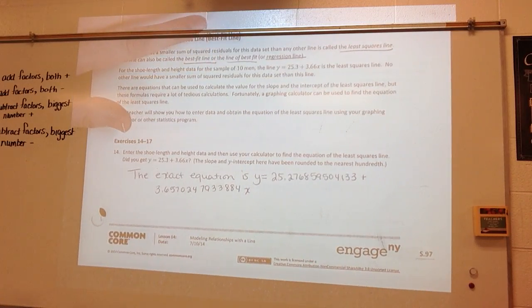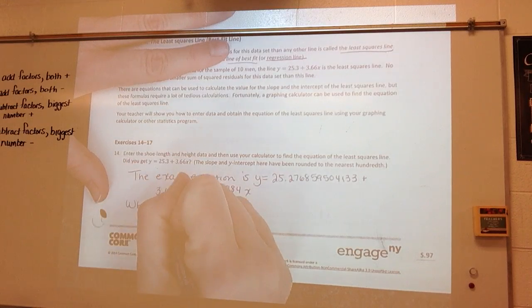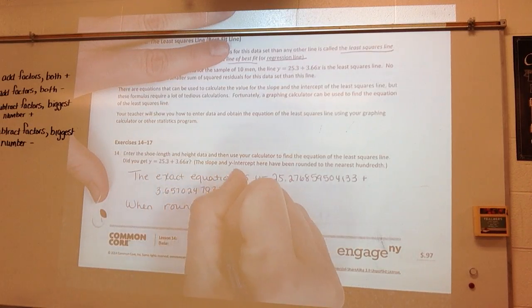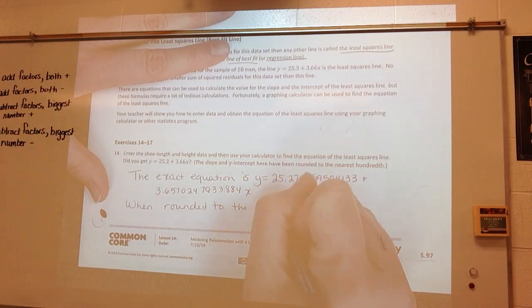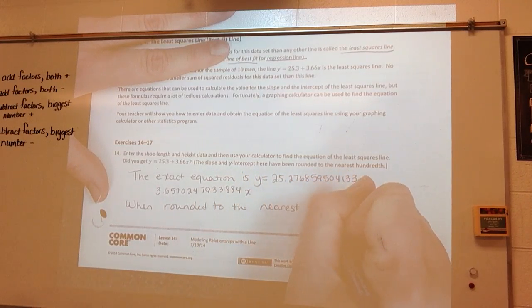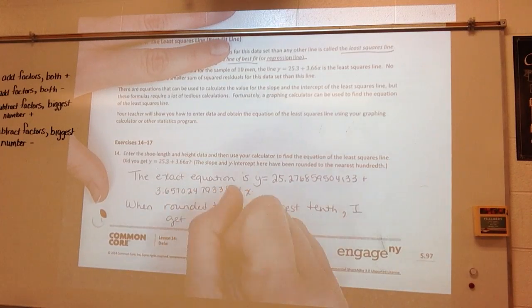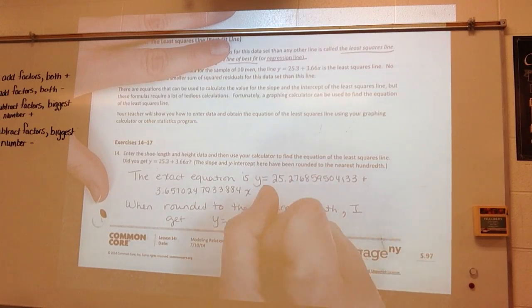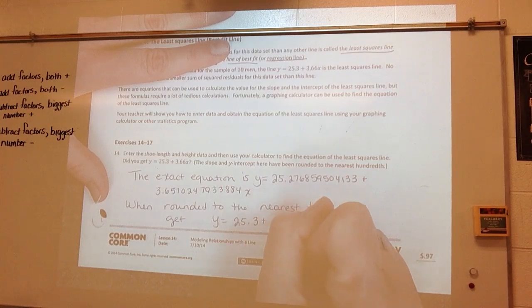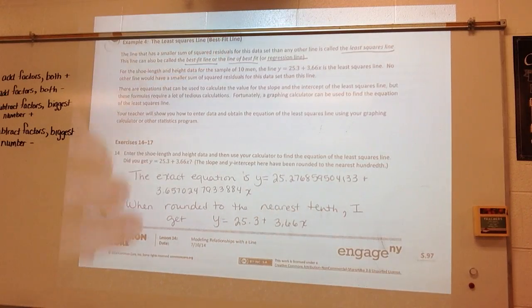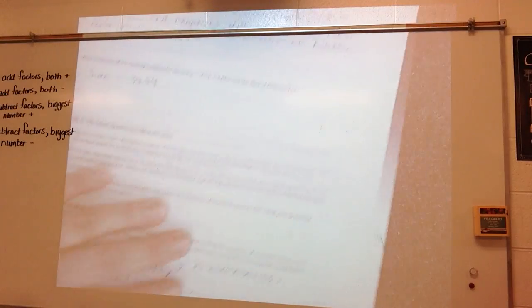But when rounded to the nearest tenth, I get y is equal to 25 3/10 plus 3 66/100 x. Rounded to the nearest tenth, rounded to the nearest hundredth, however, I get that equation. Alright?